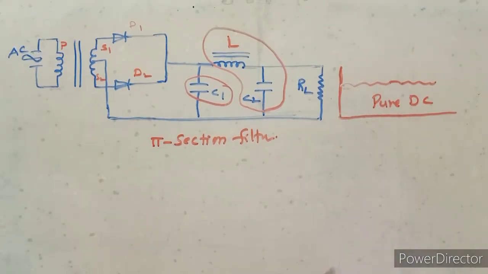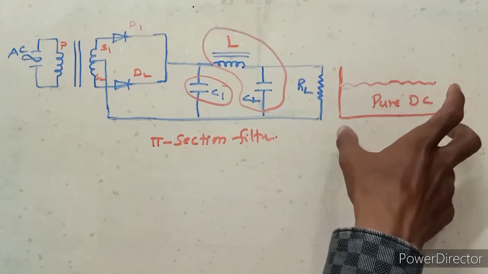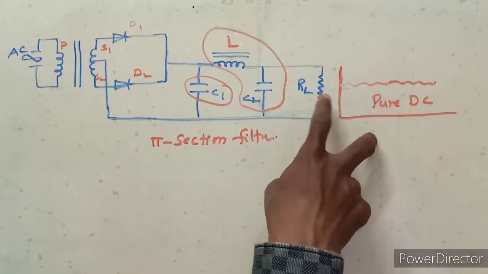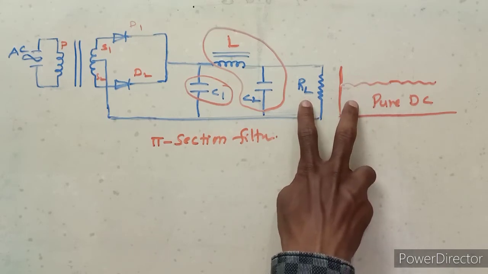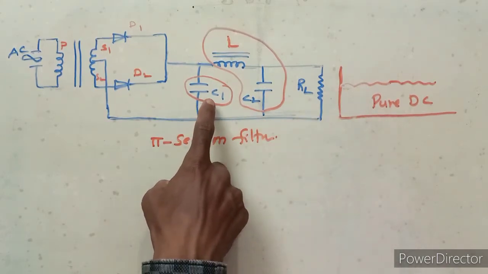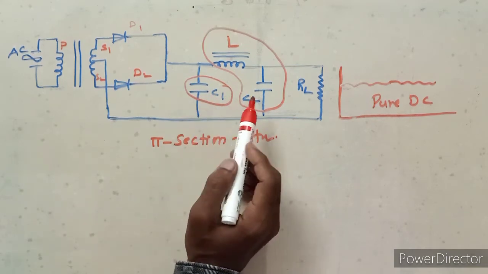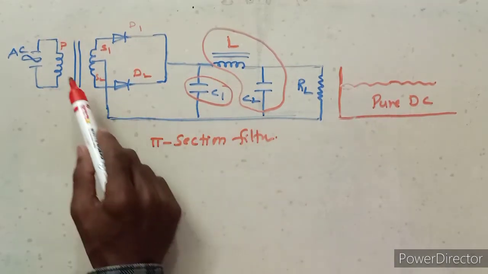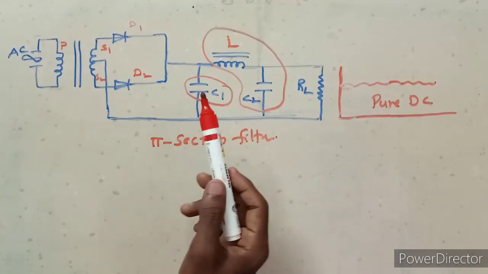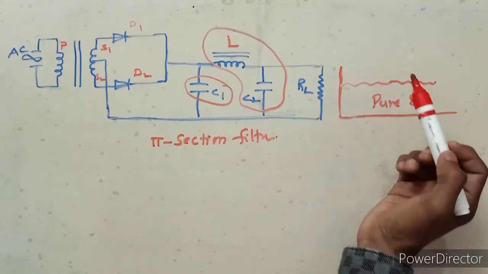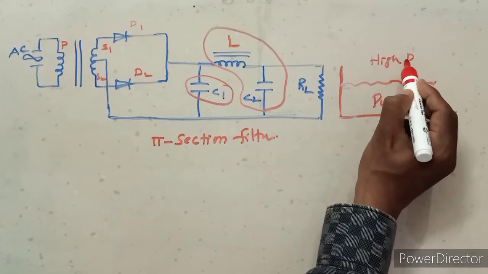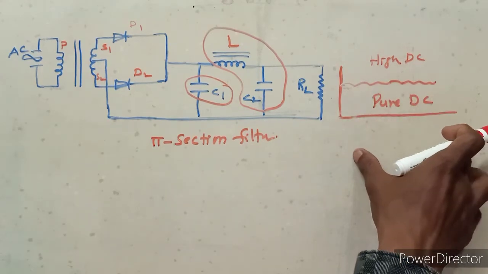When a higher DC output voltage at the load resistance is required, an input capacitor C1 is added to the L-section filter to form a pi-section filter. The use of the pi-section filter provides a high DC output voltage. This is the output voltage.